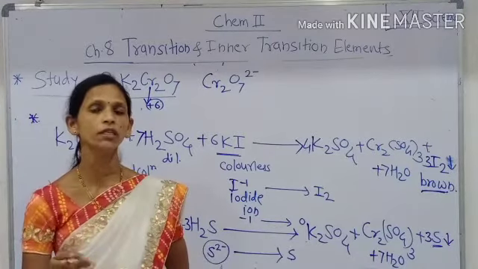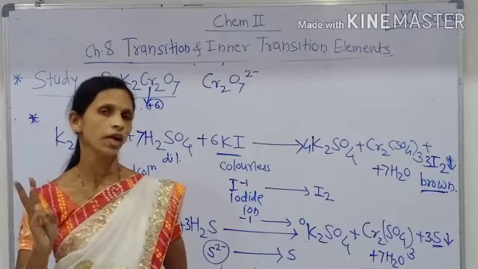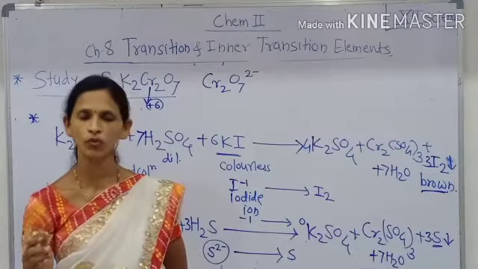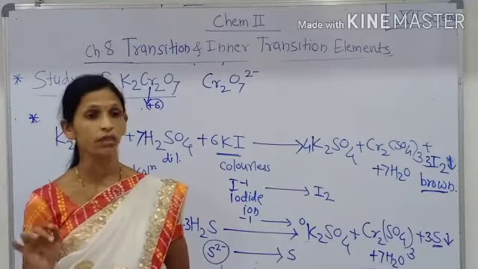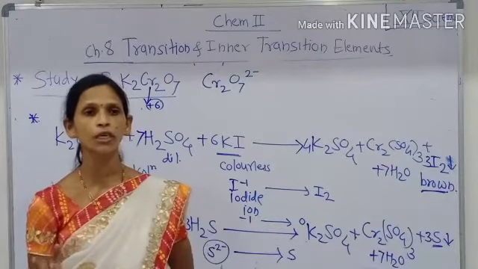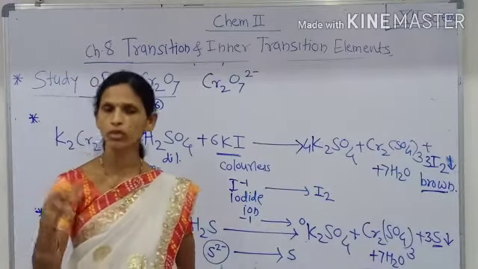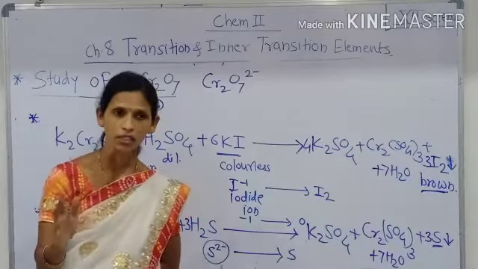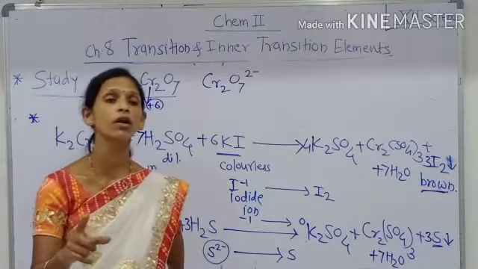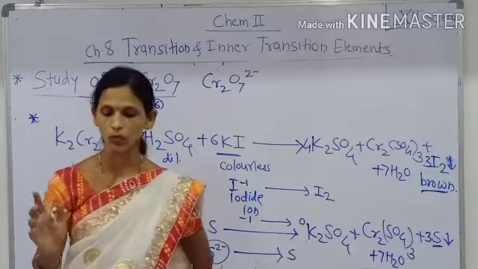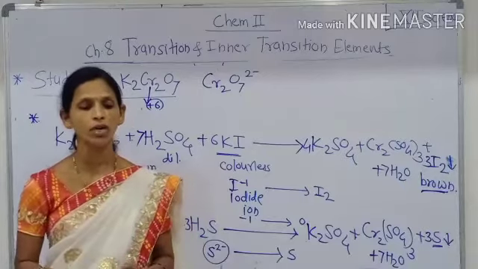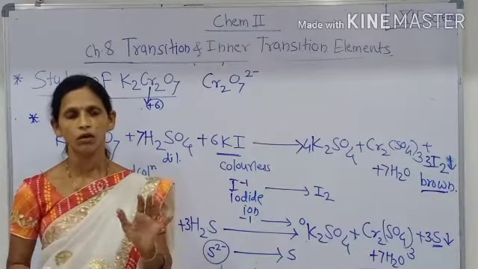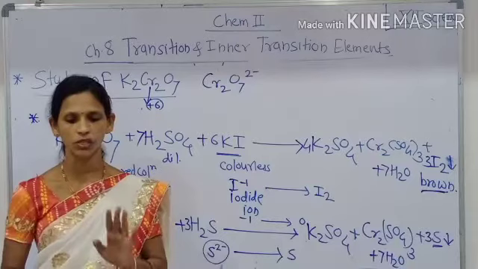All of you have studied the details about the elements present in those 4 transition series. Then, what are the common properties of those elements, that is transition elements, also called d-block elements? Then we have to discuss the common properties of d-block elements or transition elements.